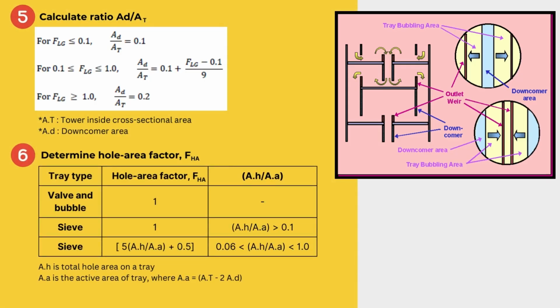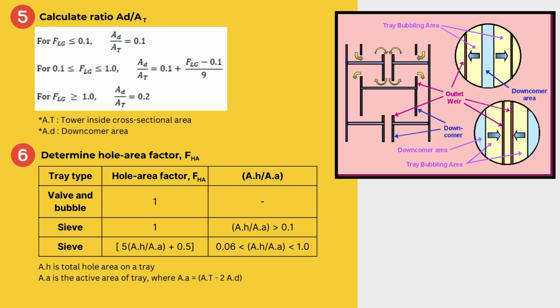Next, you can calculate the ratio of AD over AT according to the flow ratio parameters as obtained in step 3. And now you can determine the hole area factor according to the tray type of your system. If it is valve and bubble cap, then the hole area factor is 1. If it is sieve, it generally depends on the ratio of AH over AA.